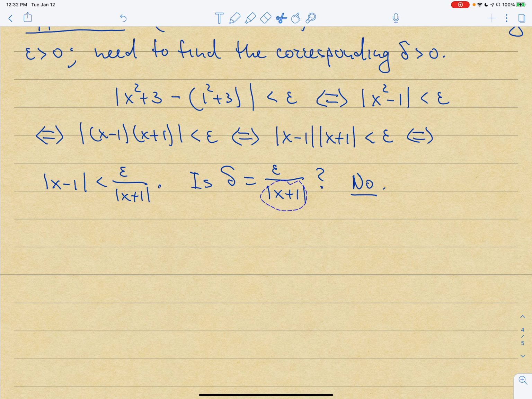Okay, so what are we to do? Well, if I want to prove this epsilon delta definition, then really I should only be concerned with the values of x near 1. Because I'm trying to establish continuity, and continuity is a statement about the behavior of a function near a prescribed point. So that means that I want to stay close to the point.